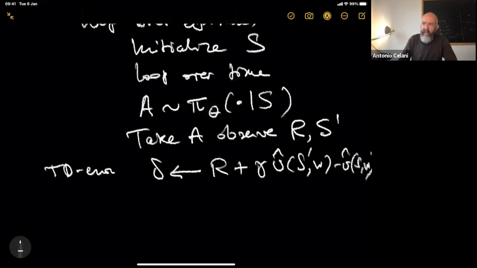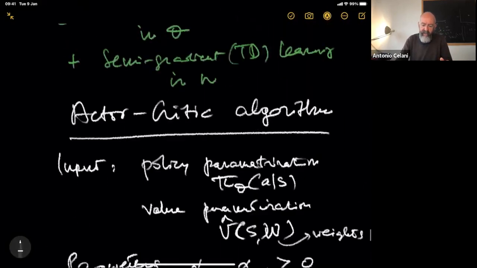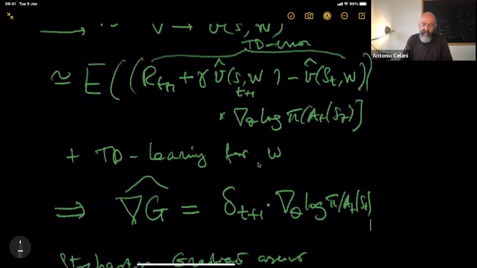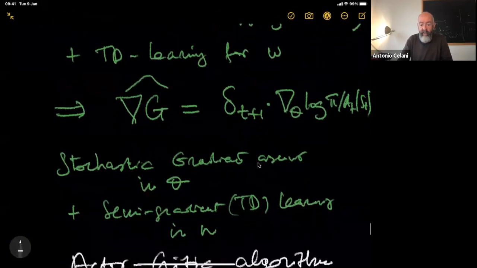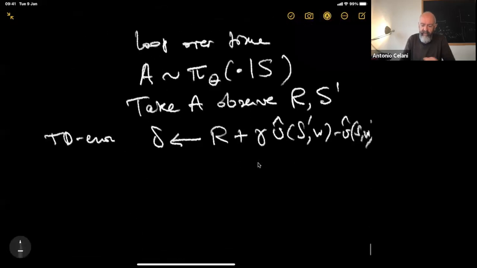And now you use this temporal difference error twice. One to update the value estimate itself, and the other one to update the policy. So the temporal difference error is present both here when you take the gradient of the policy, and also present, of course, when you have to do semi-gradient learning for the value.